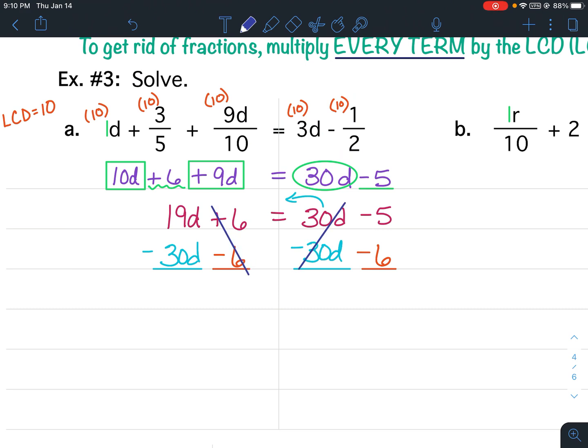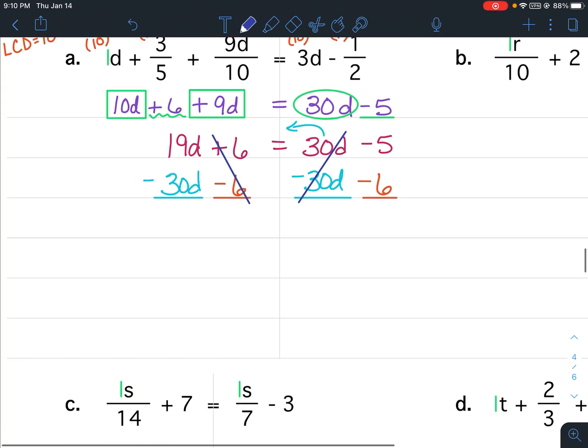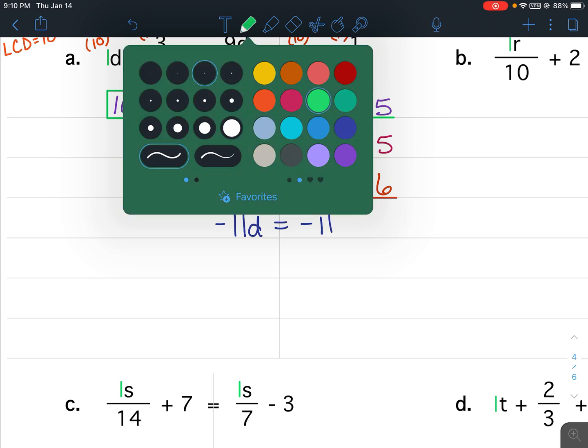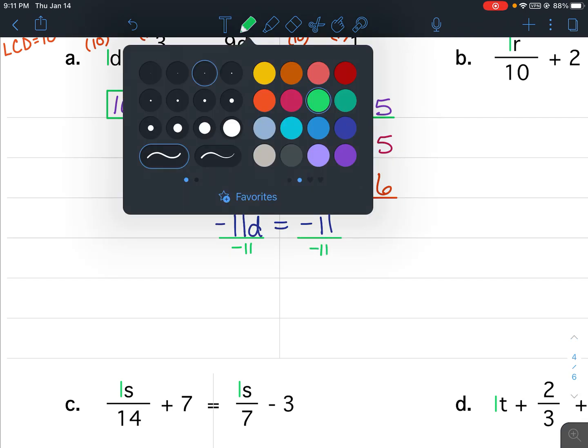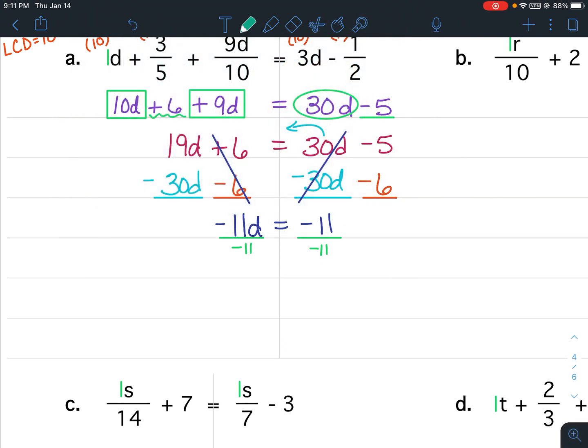It allows me to cancel that. So what do I have left? 19 minus 30 would be negative 11D. Negative 5 minus 6 would be negative 11. To isolate the variable, divide both sides by negative 11. Any number divided by itself is 1. So D equals 1.